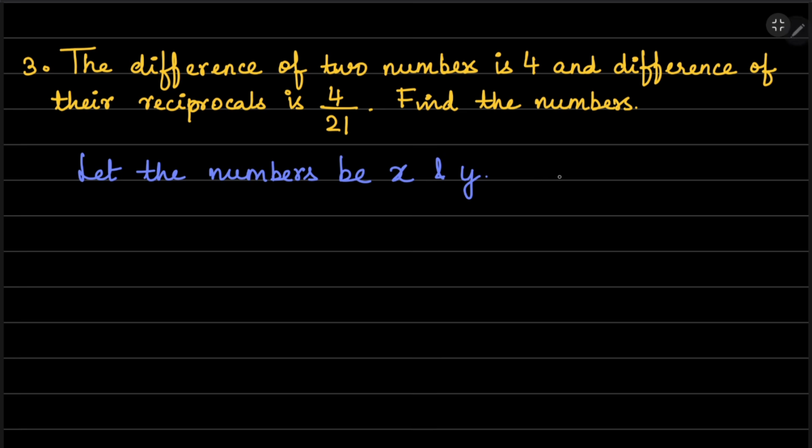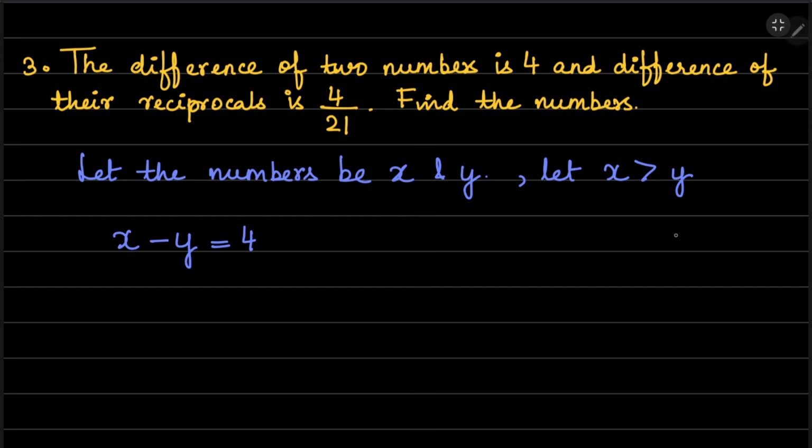So let's write, let x be the larger number and y be the smaller number. Now what is given in the first statement? The difference of the two numbers is 4. So what is it? x minus y, the bigger number minus smaller number, is equal to 4. This is your first equation. What is the second one? The difference of their reciprocals.